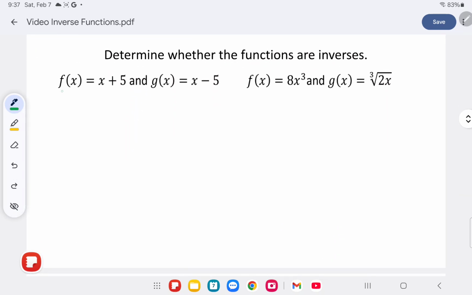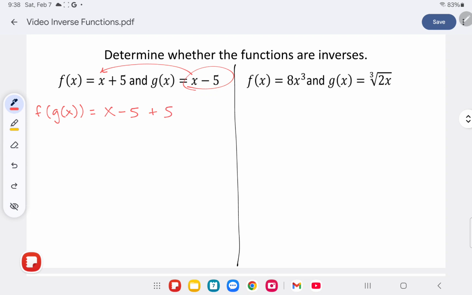So if I have two functions, f and g, these are two different problems. We'll look at the left side first. I've got two functions, and I want to know if they're inverses of each other or not. So first, I'm going to plug one function into the other. I'll do g into f this time. So when I do that, I get x minus 5 plus 5, which is just x.